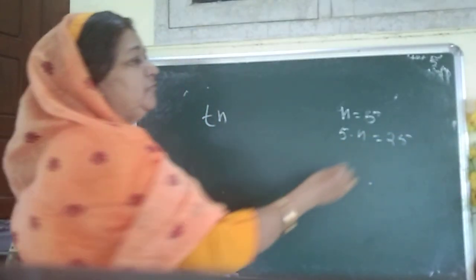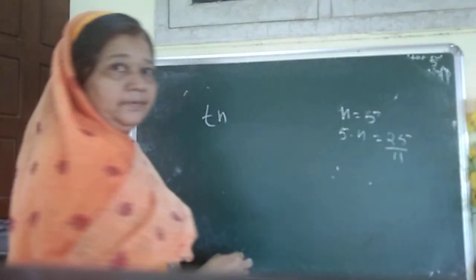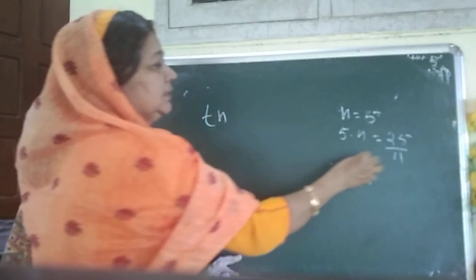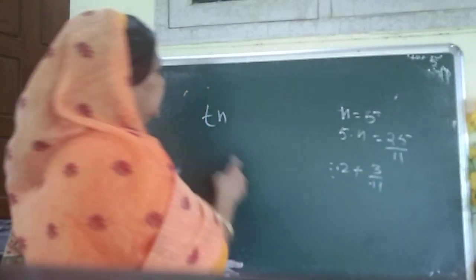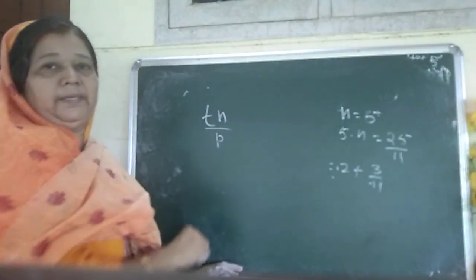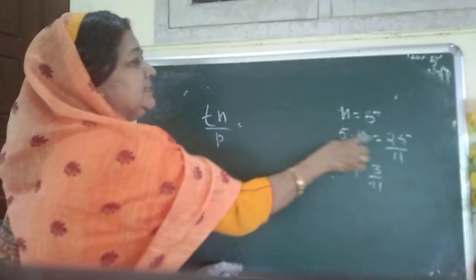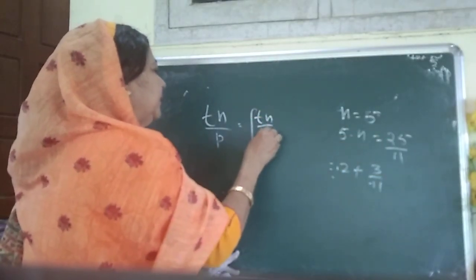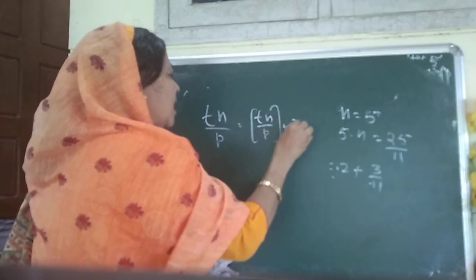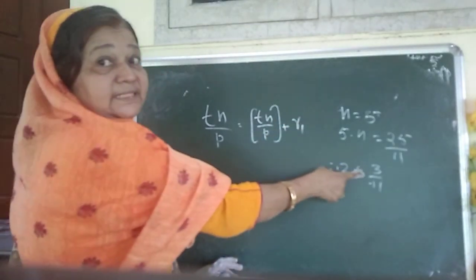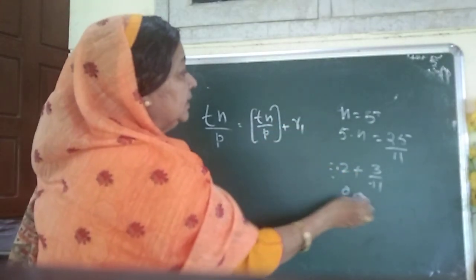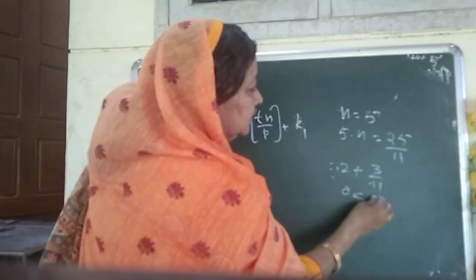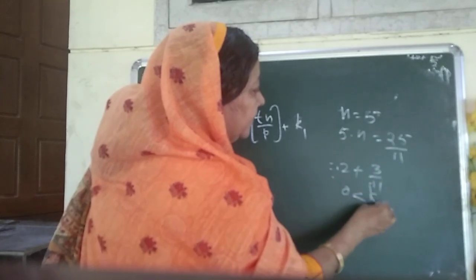If we divide 25 by 11, we get 2 plus 3 by 11. Similarly, Tn by P equal to, 2 is the integer part of this 25 by 11. So it is the integer part of Tn by P plus R1, where R1 is 3 by 11, that lies between 0 and 1.